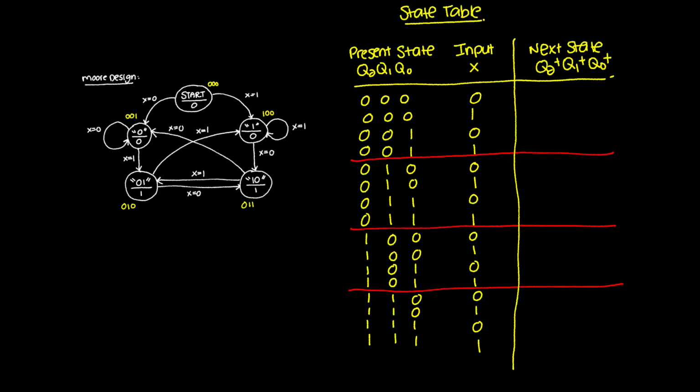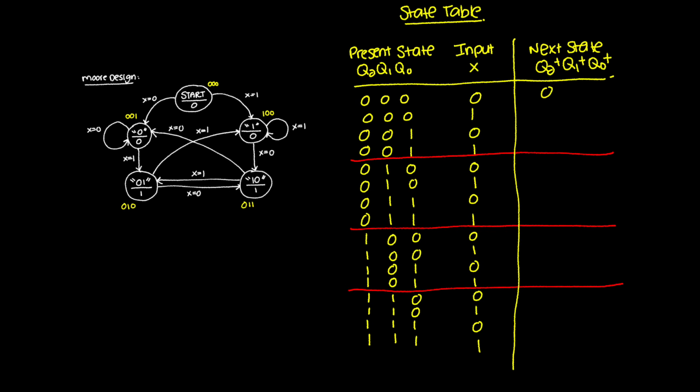So I'm going to start on the first row over here. All this says is if my present state is 0, 0, 0, that's this over here, and my input x is 0, what's my next state going to be? I'm in state 0, 0, 0, my input x is 0, then I follow this transition over here, and my next state is going to be 0, 0, 1.